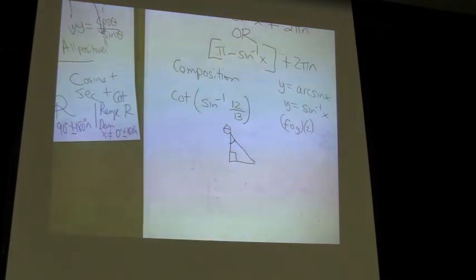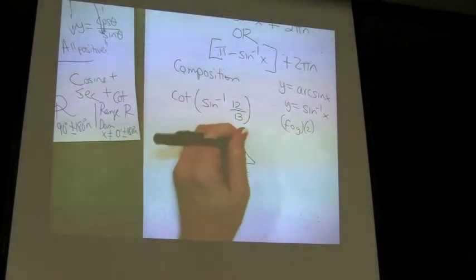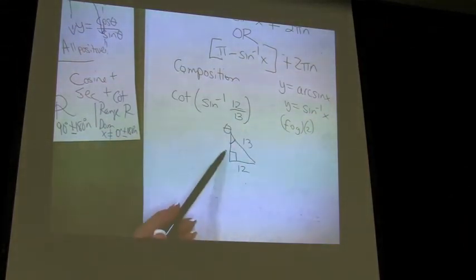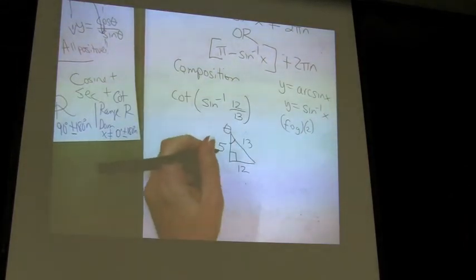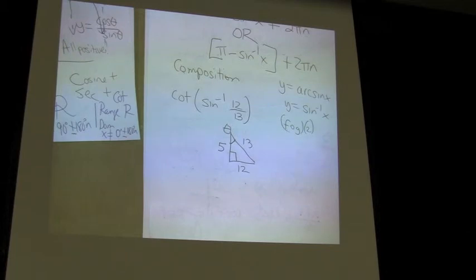So sine is what over what? Opposite over hypotenuse. So 12/13. Missing side? 5. That's right. 2 ways to find it. One is to know that triplet yourself. The other way is to use the Pythagorean theorem.